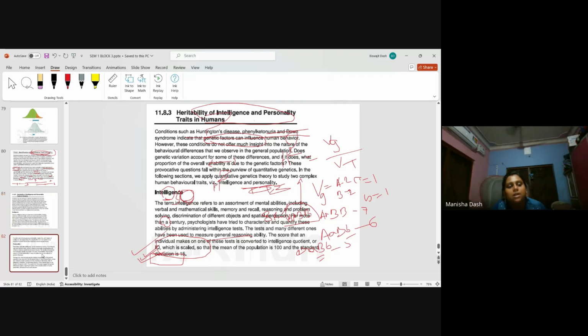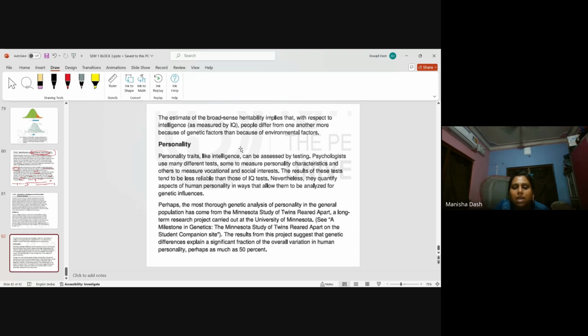That means the development of the intelligent quotient, or IQ, and the development of the personality of an individual could be a combination of both genetic and environmental factors. If the parents are clever, definitely some part of the cleverness will be inherited by the offspring. Though the environment plays an important role in modifying or developing the trait, part of the trait is still inherited through the genetic component.